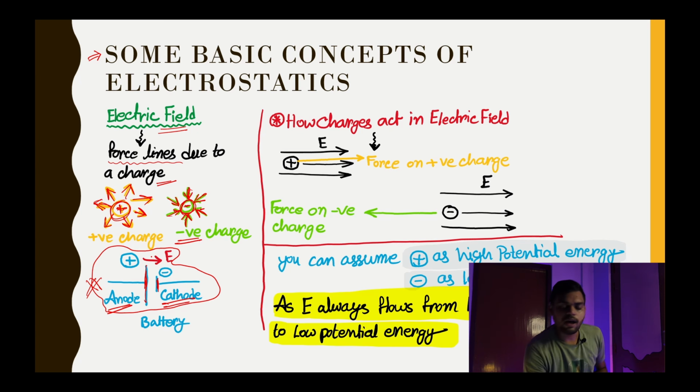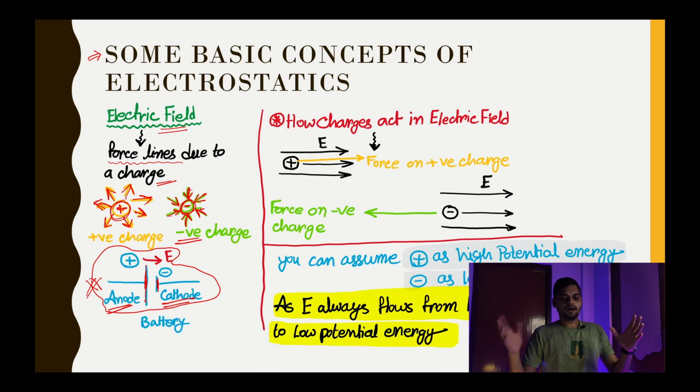How will the electric field form inside a battery? From a positive charge, electric field lines radiate, and for a negative charge, electric field lines go into it. So imagine both charges are present here at the same time. The positive charge will radiate its force lines, and the negative charge will capture those force lines.